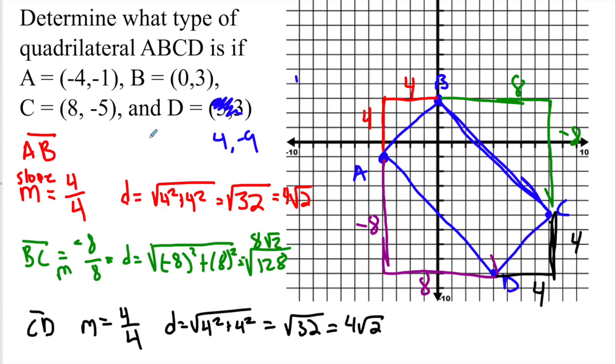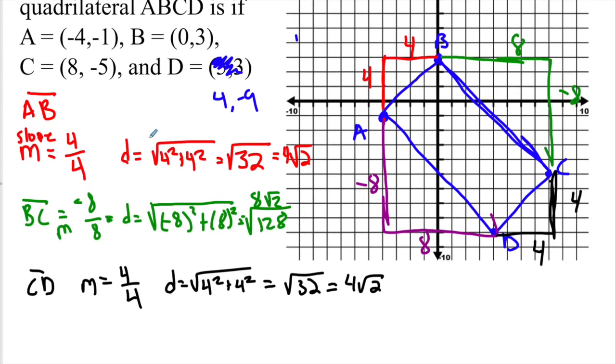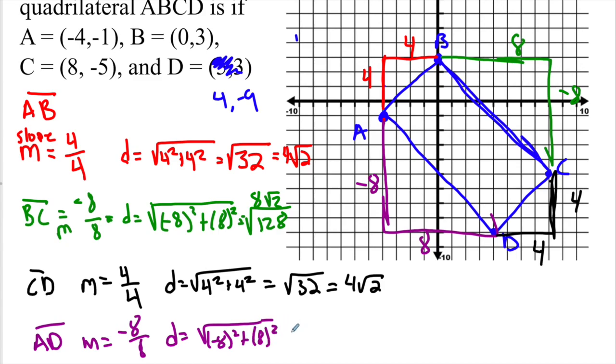And last, we have magenta, and that is AD, and the M is negative 8 over 8. The distance is negative 8 squared plus 8 squared, which is 64 plus 64, which is 128, which is 8 square root of 2.